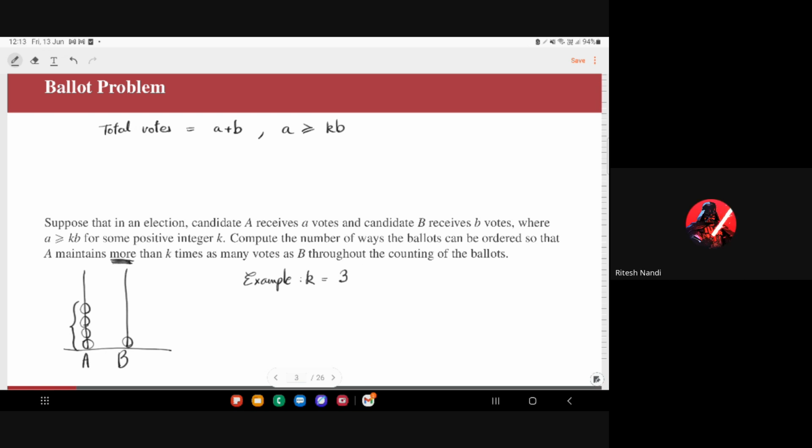A is greater than 3b in this case. So we could take values like A is equal to 3b plus 1, A is equal to 3b plus 2, and so on and so forth.